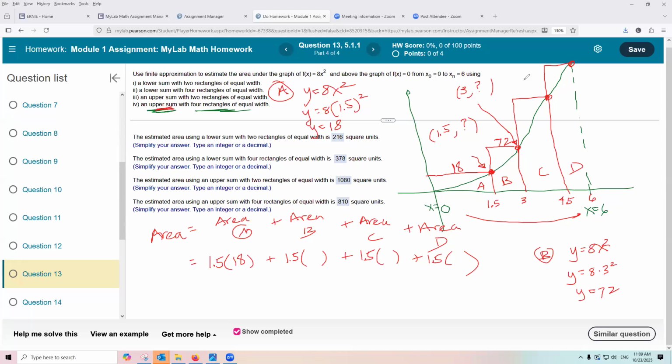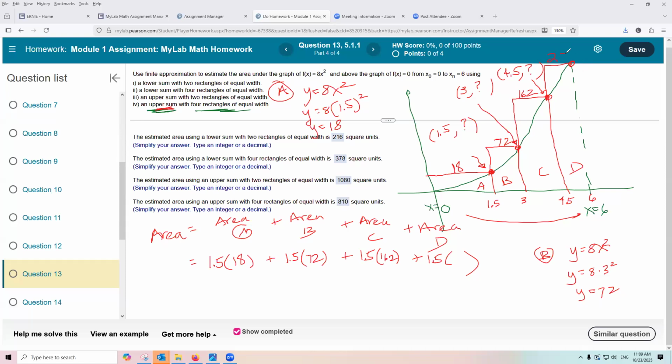For rectangle C, I'm using this endpoint, which is 4.5. And so for rectangle C, I'm going to work out 8 times 4.5 squared. That's 162. And for the last rectangle, x is 6. So 8 times 6 squared.